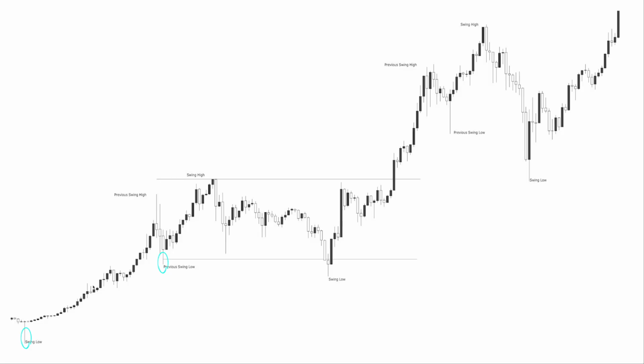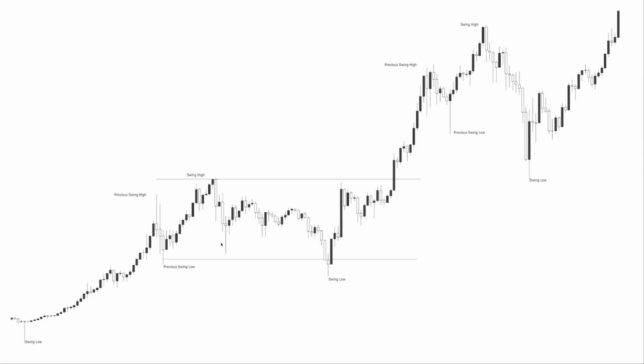This swing low, this swing low, this swing low are all key points that are going to help us understand market structure. As we can see, the price rebounded and broke above this swing high. Here is our new swing high.